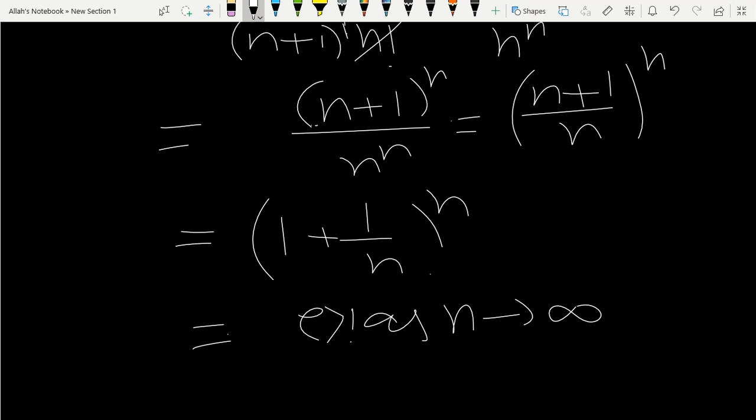Okay, now we take another example, and in the next examples we will also apply the ratio test.